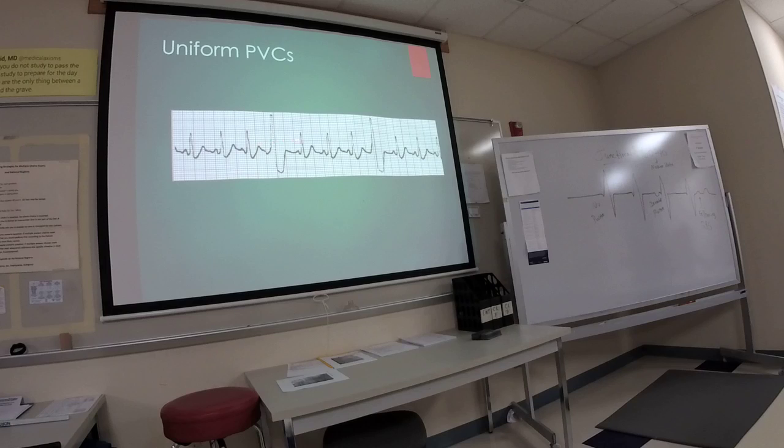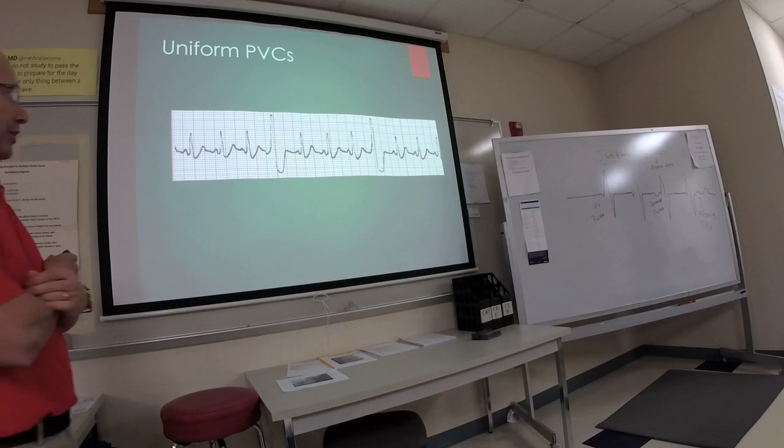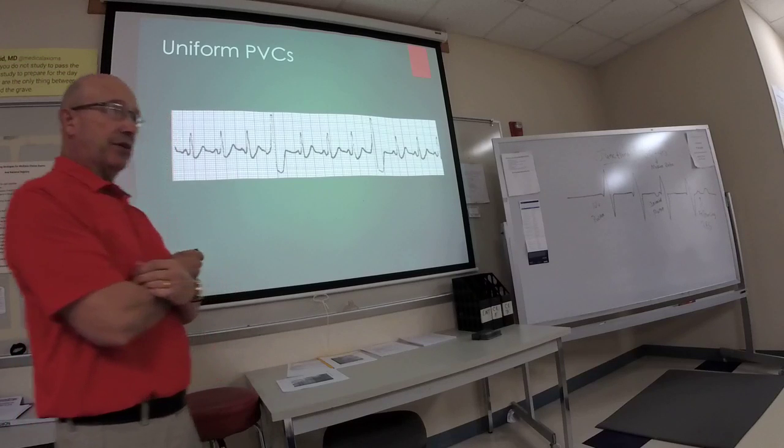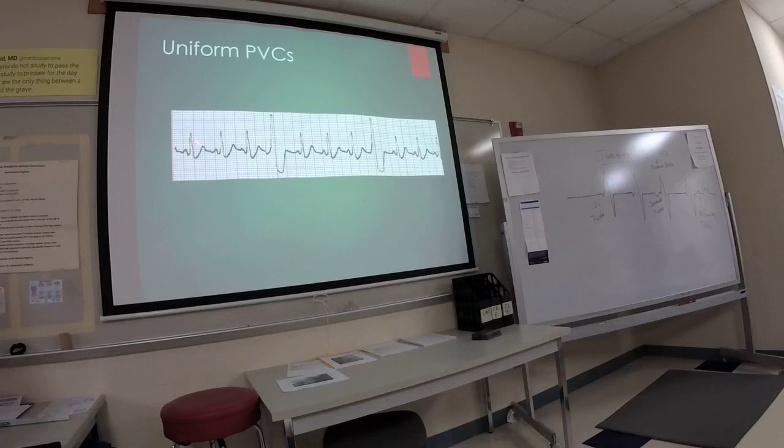It's an underlying, what rate? 1, 2, 3, 4, 5, 6, 7, 8, 9. So 90-ish. So the underlying rhythm is a sinus rhythm, but it's regular here to here, regular here to here. All of a sudden, from this QRS complex to here is irregular because of this PVC.